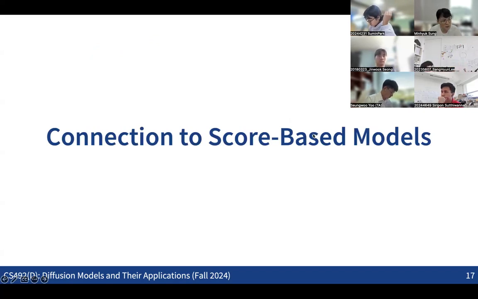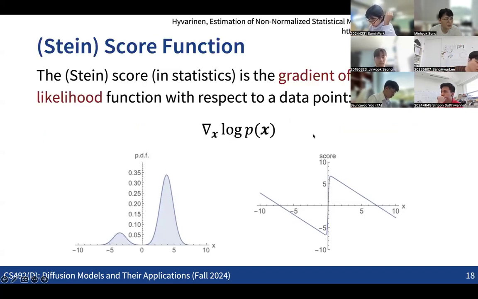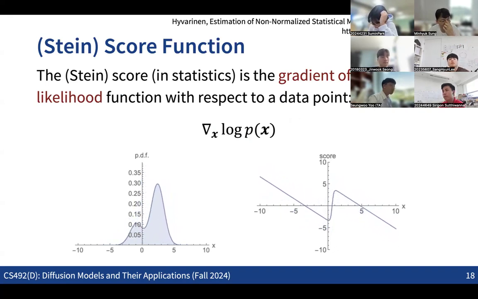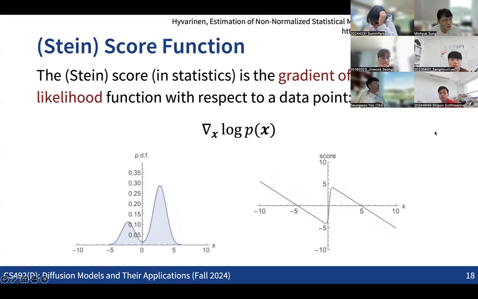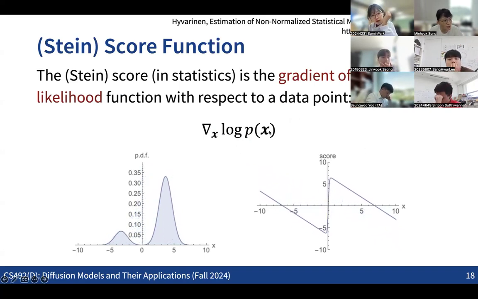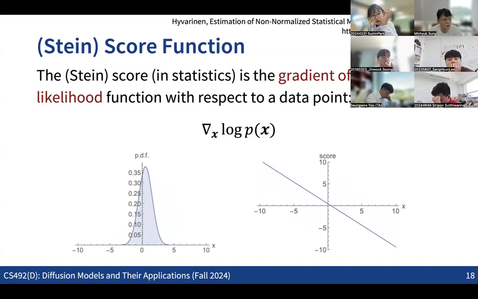Before we discuss the score-based models, what's the score? What's the meaning of the score? The meaning of the score in statistics is not quite what we typically say. Here, the score is the gradient of the log likelihood of the function with respect to the data points.